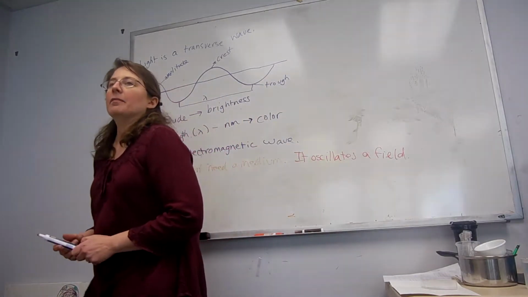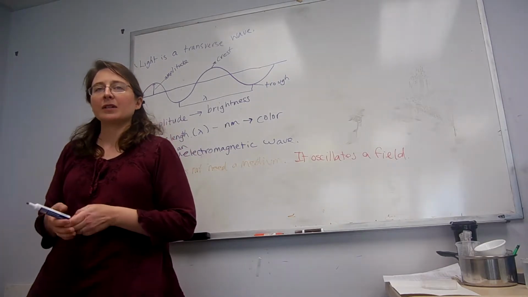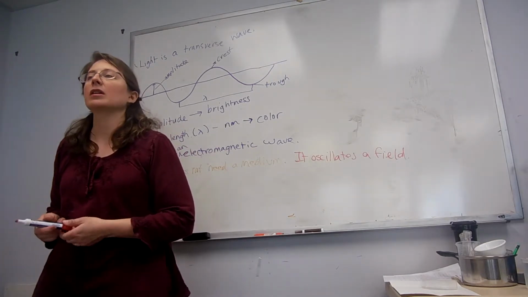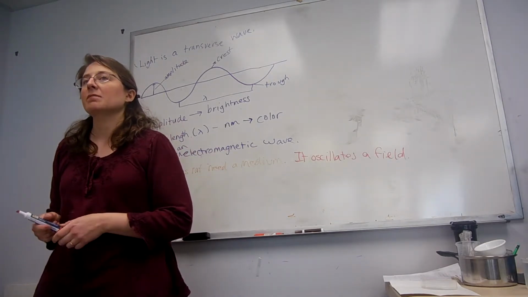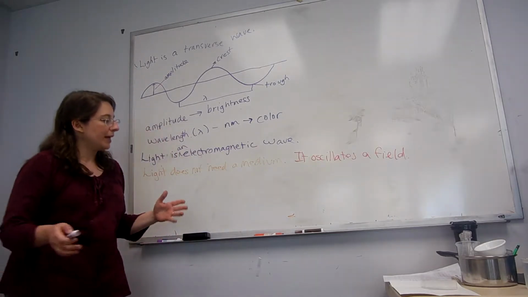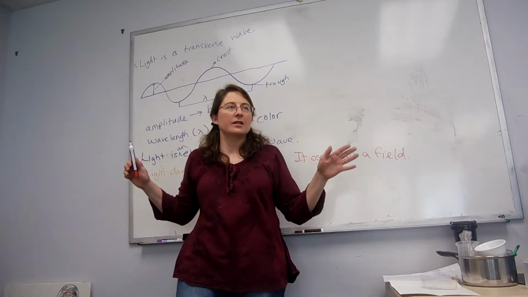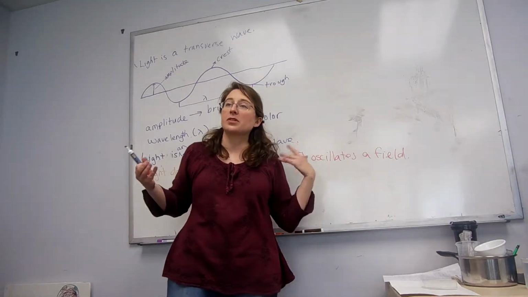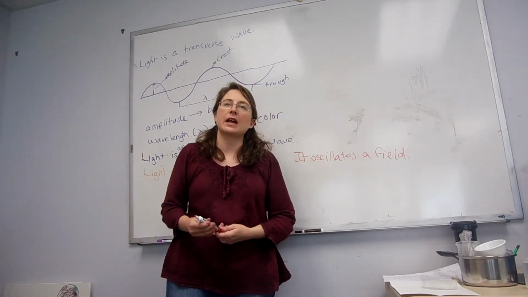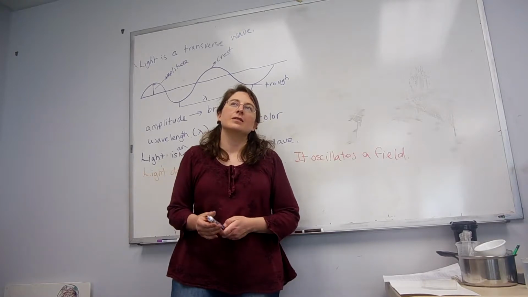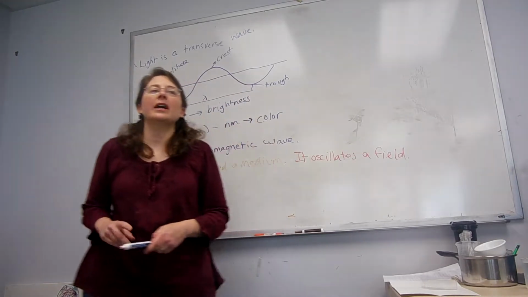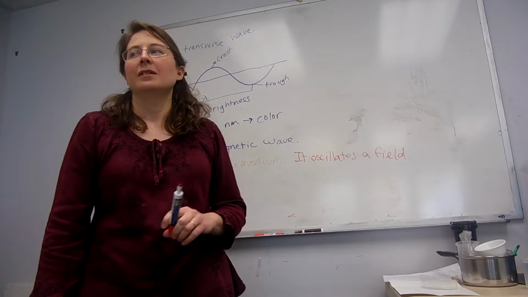So, compared to sound, is light faster or slower? Faster. Much faster. And we know that sound travels faster or slower in a solid versus a gas? It travels faster. So how about light? Oh, I thought you were talking about light.